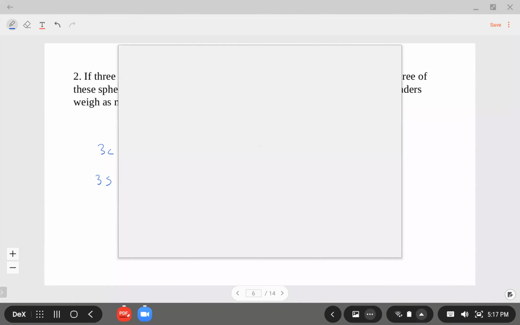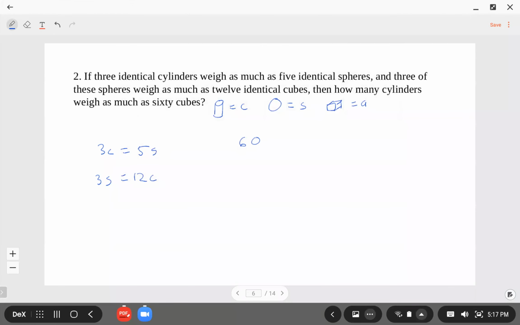So 60 cubes divided by 12 cubes equals 5, right? So therefore, because of this equation, we can just multiply both sides by 5, which means 60 cubes equals what? 15 spheres.